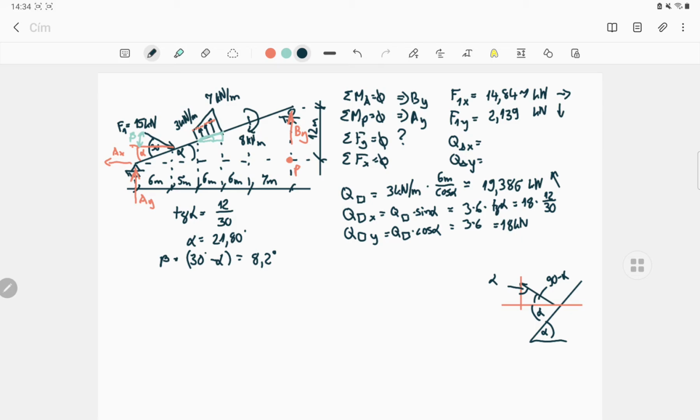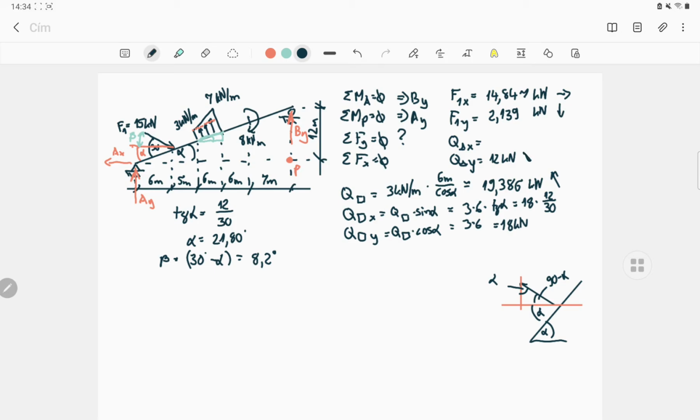So in shorter way, if now we check the triangle, y and x component, the triangle value, the height, is 4, because 7 minus 3 is 4, and we will multiply only with the horizontal. So 4 times 6, it's 24, and over 2, because it's a triangle. So the y component is 12 kilonewton. That's all.